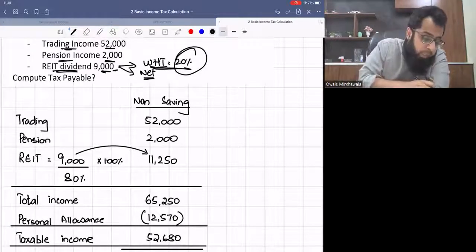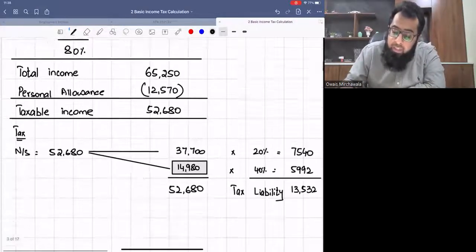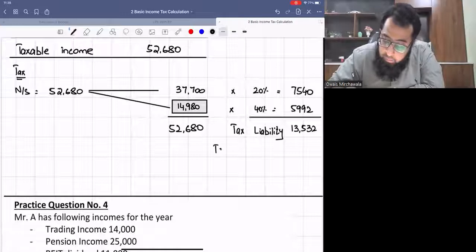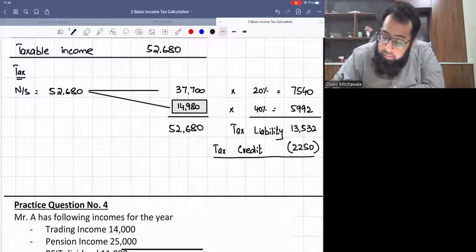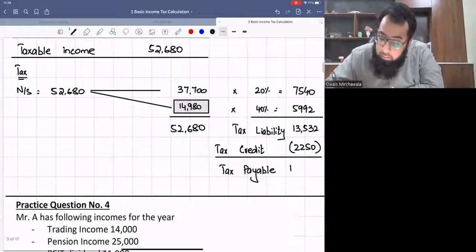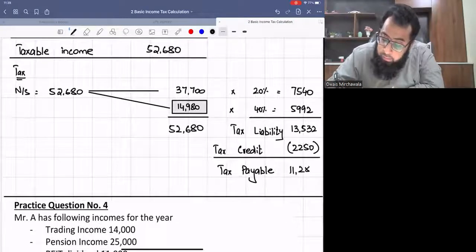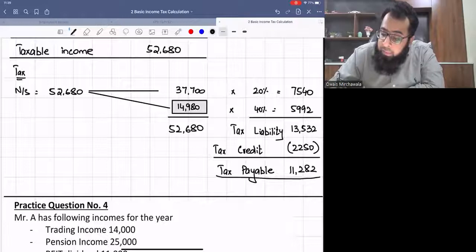So how much was the advance tax element which we grossed up? It was 2,250, the tax credit. Since we paid some tax in advance, that will be adjusted. So the tax payable will be 11,282.